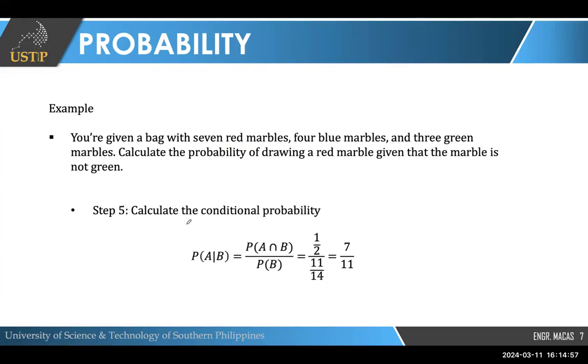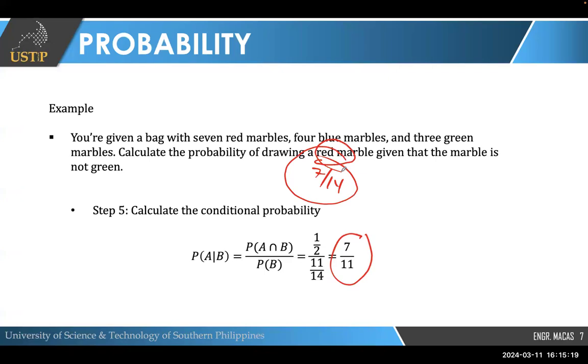So, we now can calculate the conditional probability. So, we have probability of A given B. Katong na solve na 1/2 divided by 11 over 14. So, mao nay 7 over 11. So, mao na akong giingon nga dili siya as straightforward nga, okay, I'll just get the 7 over 14. And that's the probability of drawing a red marble.